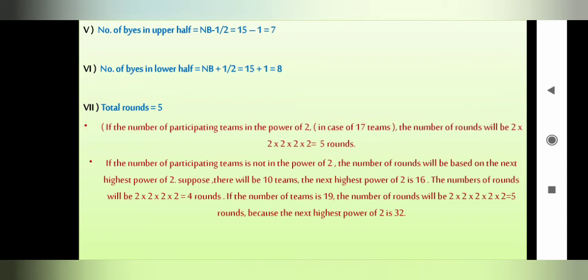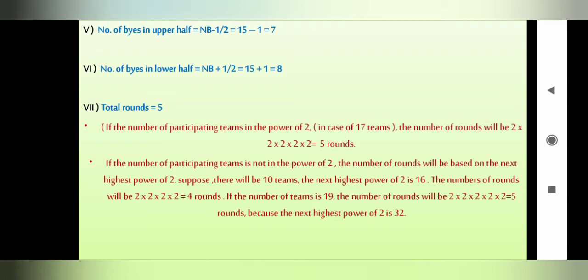So in the upper half there are 7 byes. Now for the lower half, the number of byes is nb plus 1 upon 2. So 15 plus 1 upon 2 is equal to 8. Okay class, so in the upper half we are giving 7 byes and in the lower half we are giving 8 byes.